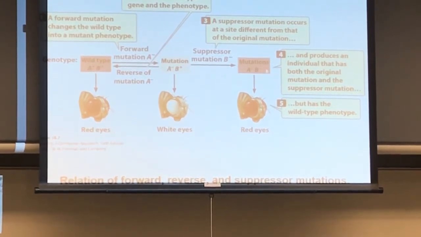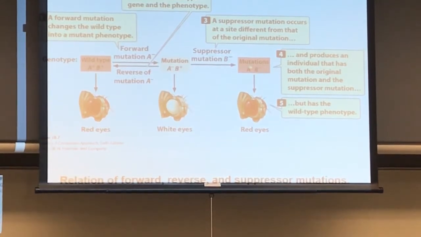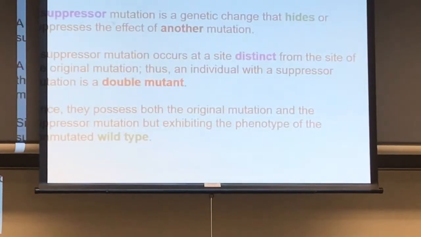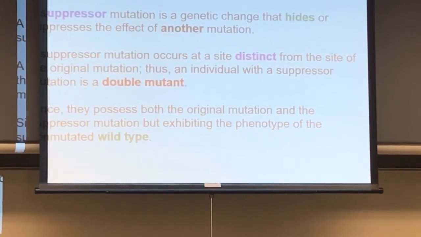Then there is also a mutation in gene B which now makes the Drosophila have red eyes once again. So basically this second mutation is masking the effect of the first mutation. Such a mutation is referred to as a suppressor mutation. The second mutation neutralizes the first mutation, let's put it that way.